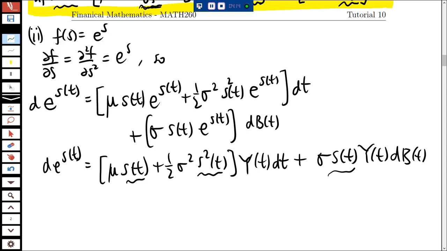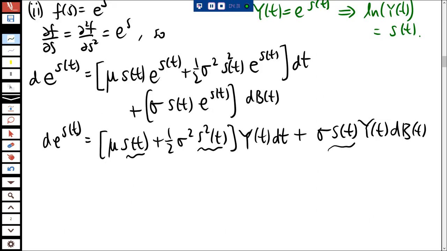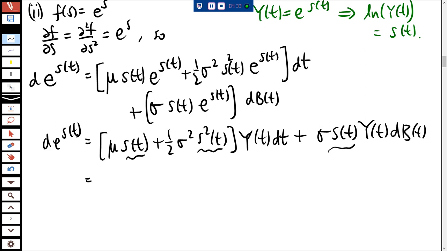Just collect my idea. We know y of t is e to the st. Oh, we can just rearrange this. So we have log of y of t equals s of t, so we can just drop that in. And that will complete the answer.